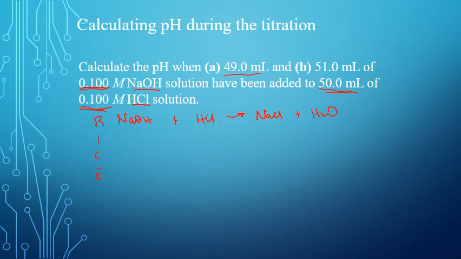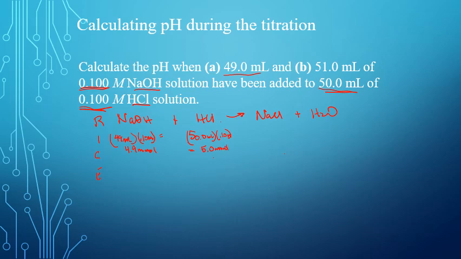It will be very helpful for you. So 49 milliliters times the 0.10 molar will give me 4.9 millimoles. And then for the hydrochloric acid, we have 50 milliliters times the 0.1 molar, and that's going to give us 5.0 millimoles.